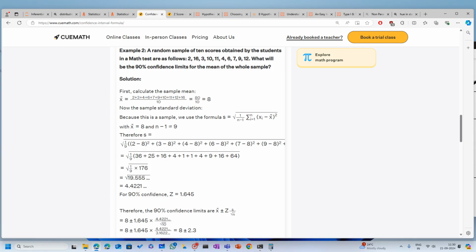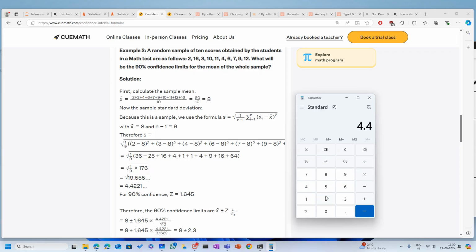I think you have to calculate even sigma for this particular thing. Sigma itself will be the standard deviation, right? S, that is 4.44. So we'll multiply 4.422, then z is different here, no? Let's multiply and do the reverse calculation.